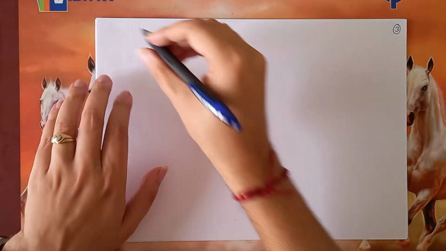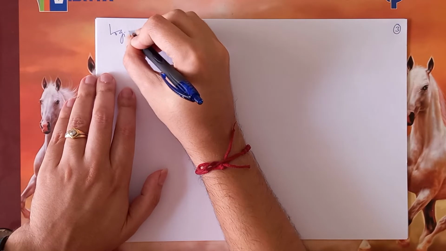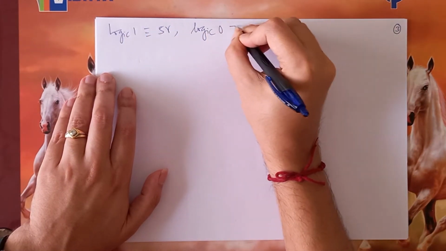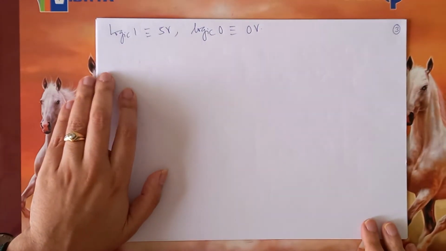So normally, to ponder upon this question, we have to first ask ourselves, what is the logic level that we are considering? Suppose I say logic 1 corresponds to 5 volts and logic 0 corresponds to 0 volts. This is the standard we are keeping.